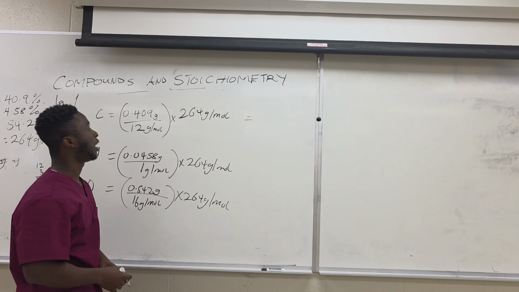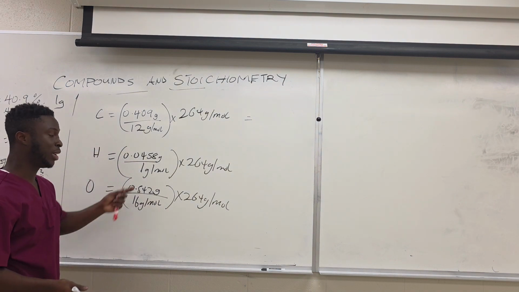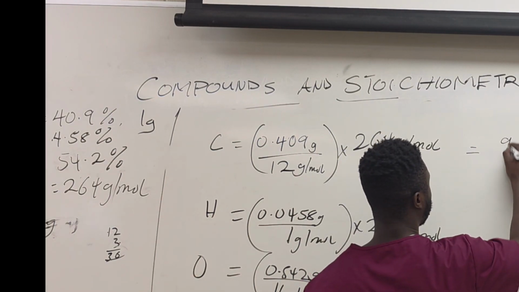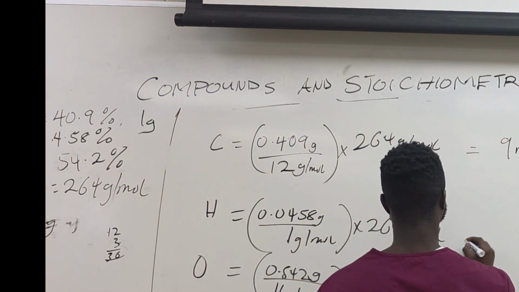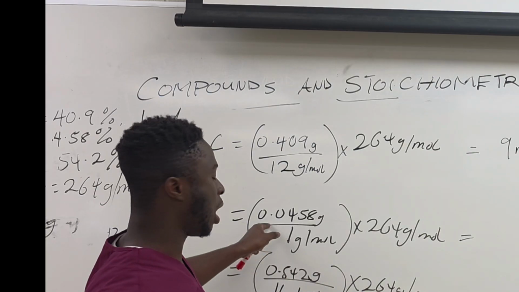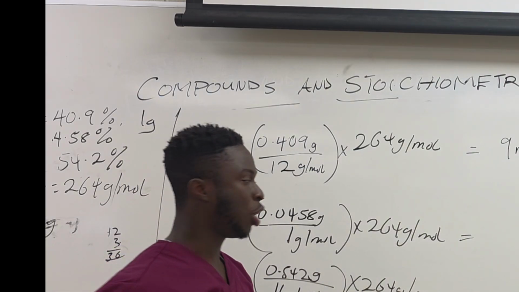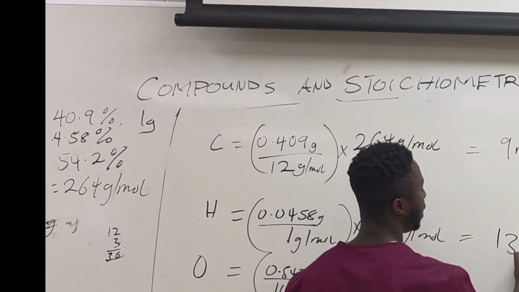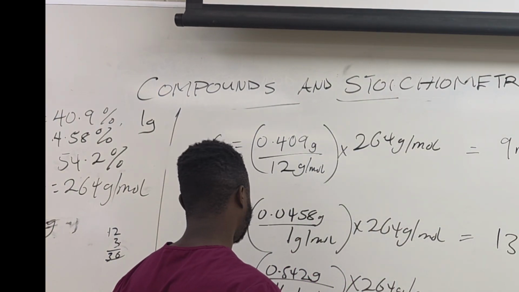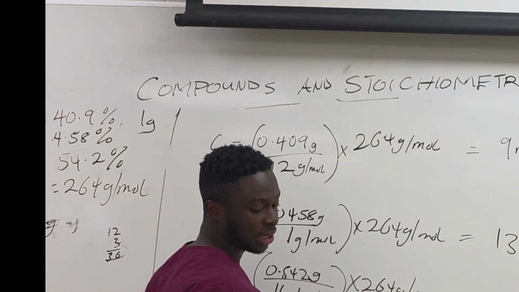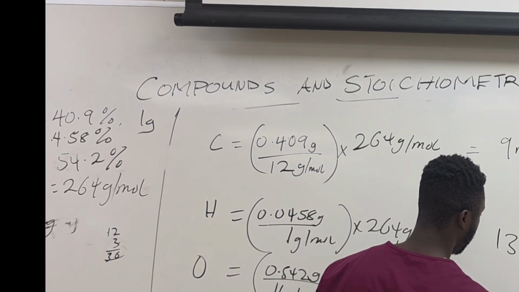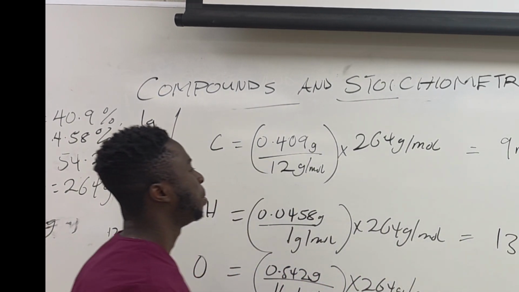Now if I do the math, which looks complex, without a calculator, over here you're going to get 9 moles, right? If you do the same thing for hydrogen, you're also going to get an equivalent of 13 moles. And if you do the same thing for oxygen, you're going to get an equivalent of also 9 moles, right?